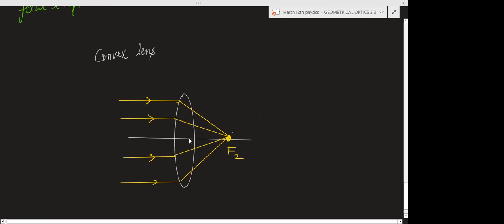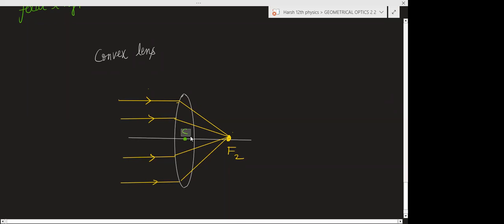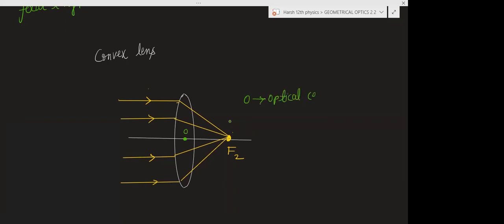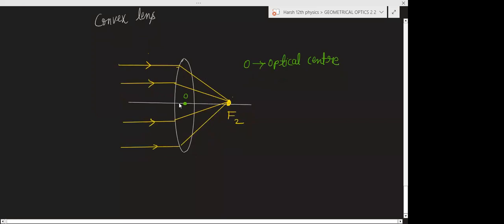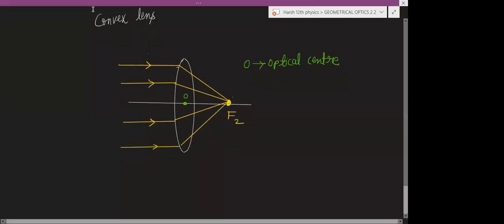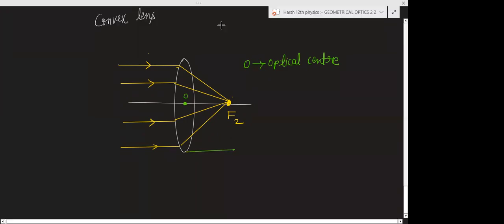F2 is the principal focus, and if I take the optical center, you can take the optical center as O. The distance between the optical center and the focus is known as the focal length. So you can say this distance will be the focal length. And one more thing, we will use the sign convention here.